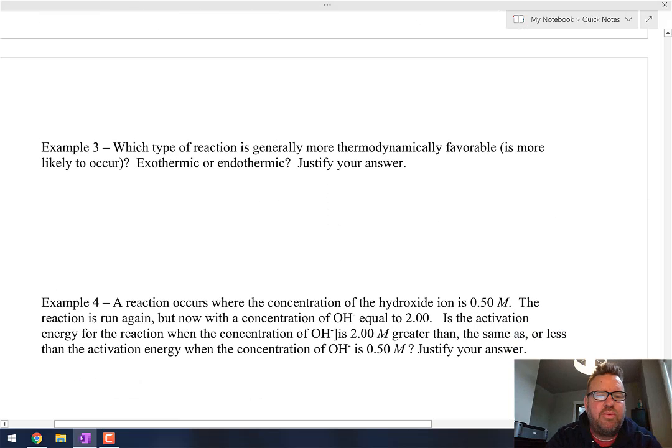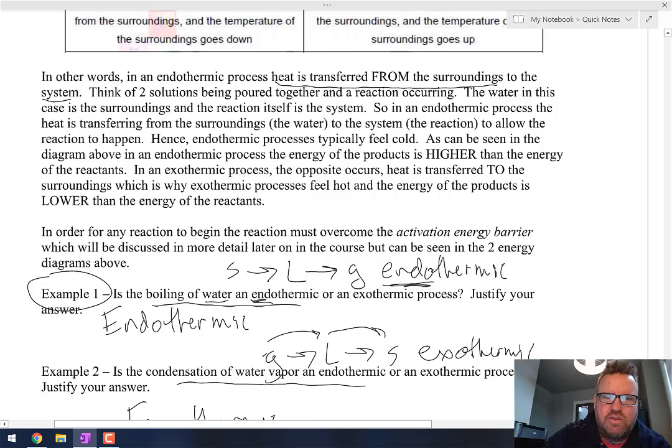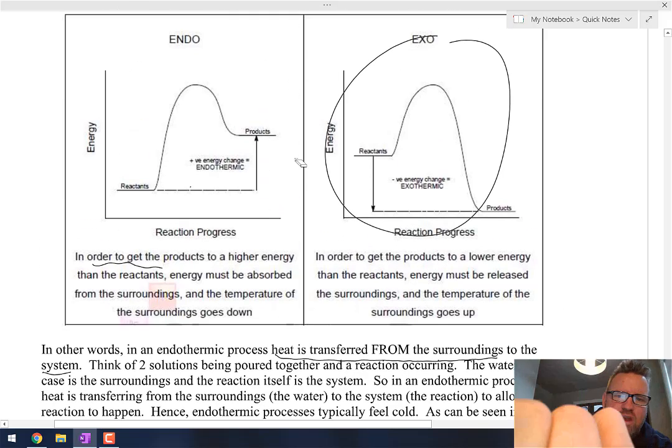Okay, number 3. You're going to see this term a lot later on: which type of reaction is generally more thermodynamically favorable? Which one's more likely to occur, exothermic or endothermic? Think about it in terms of those curves back up here. In an endothermic reaction, what happens if it's really, really cold?